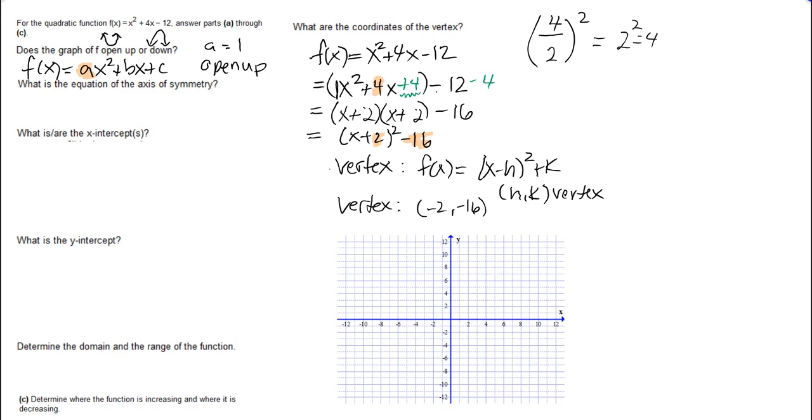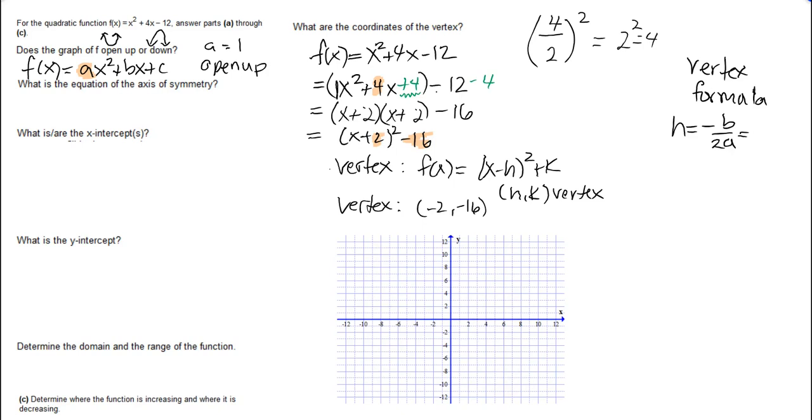So we have the vertex, but I mentioned there was another way to find the vertex. You can use the vertex formula. You can find the value of h, the x-coordinate of the vertex, by this formula, -b over 2a.